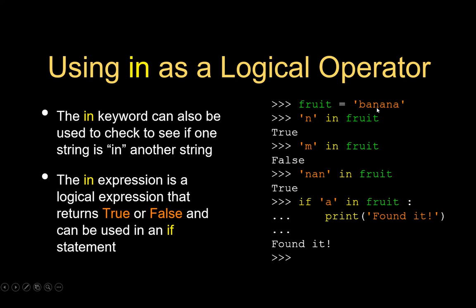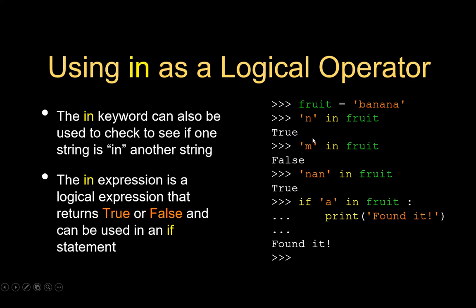And in this case we have 2 n's in our string, so the result of this would be true. The next example is this one. What does this mean is that do we have a character m in our string? And in this example we don't have any m, so the output of this would be false. The next line is going to talk about, do we have a nan in our string? We do, so the result would be true.